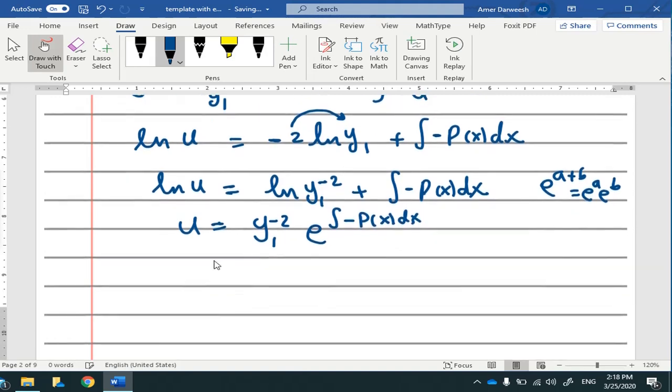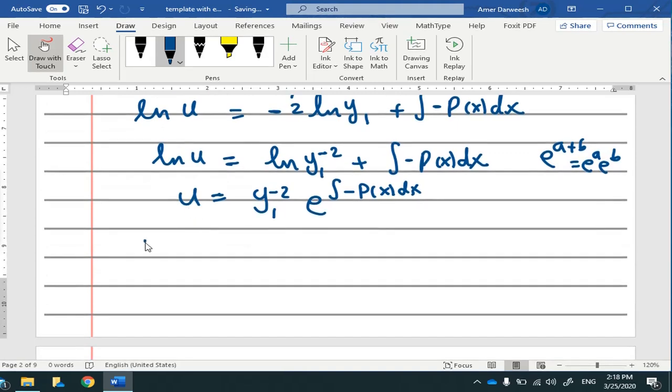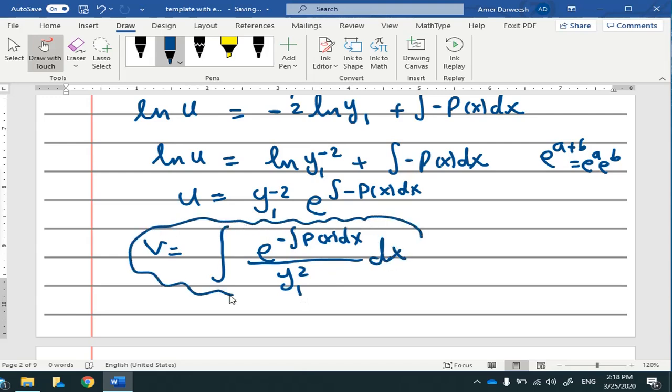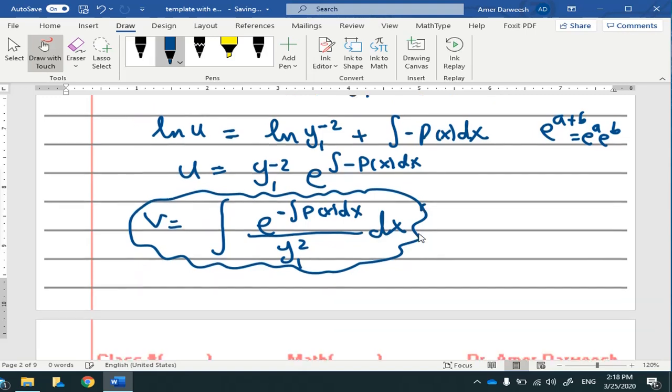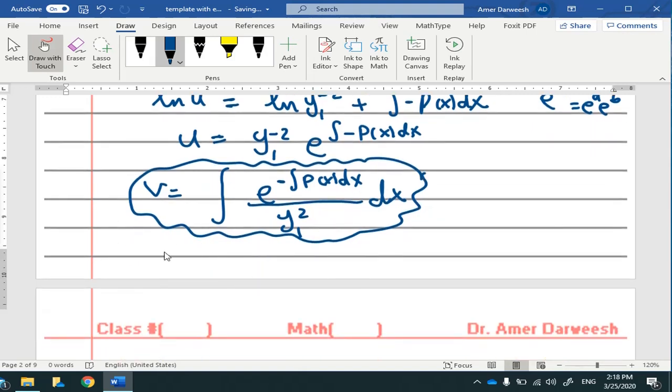But remember that now u is v prime, so v is the integral of all this term: the integral of e to the minus integral of p of x dx over y1 squared dx. So here's v, the factor of y2. So y2 will be v times y1, and we are done.